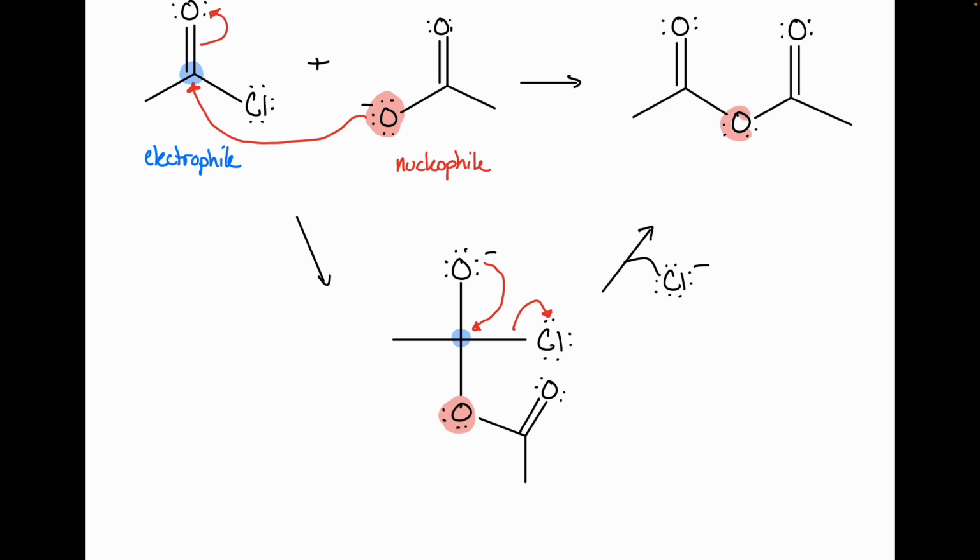Just to keep my coloring consistent here, we have this new bond between our carbonyl carbon and that oxygen of our acid anhydride. And chlorine in this molecule was playing the role of that leaving group.